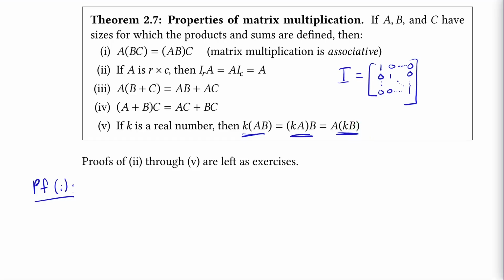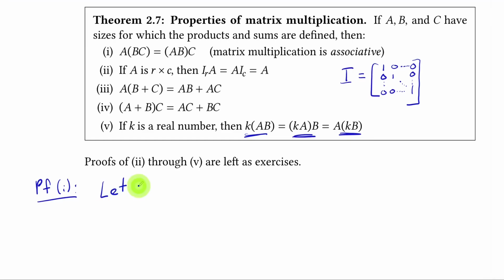There's actually a really easy way to show why these are equal. Let's write C, whatever matrix C is, as columns with little c1, little c2, and so on, up to little cn.